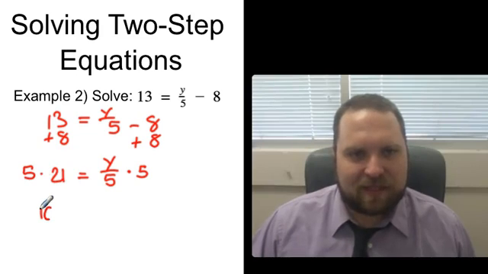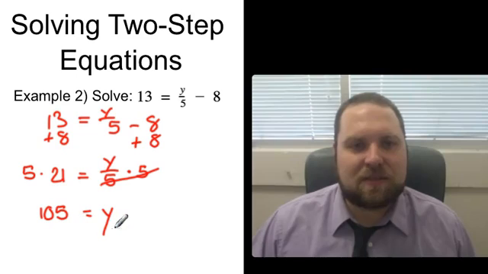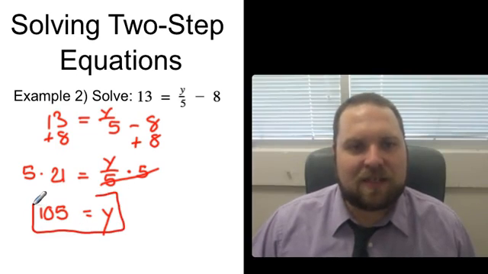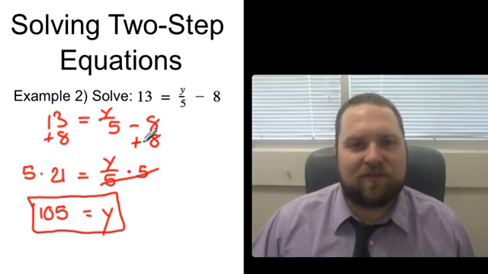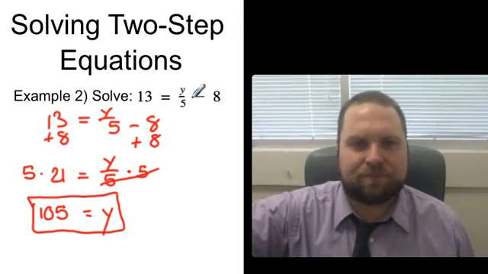And when I do this, I get 105 on this side and y on this side, because multiplying and dividing cancel each other out. And so there's my solution, 105 equals y. So again, undo the addition or subtraction, and then undo the multiplication or division. Also note that just as with one steps, I can substitute this back in to check and see if my answer is correct.